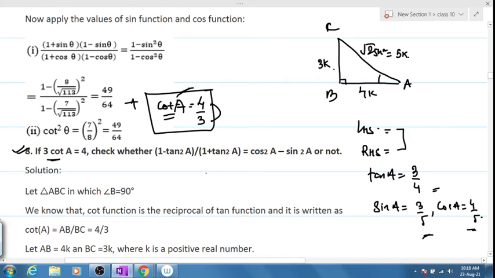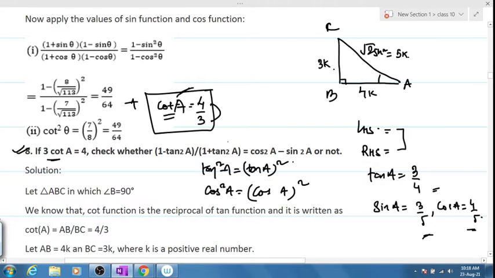And last day also this was made clear that tan square A is equal to how much? Tan A's whole square. Yes or no? Similarly, cos square A will be equal to cos A whole square. Confirm, yes or no? Was this said?